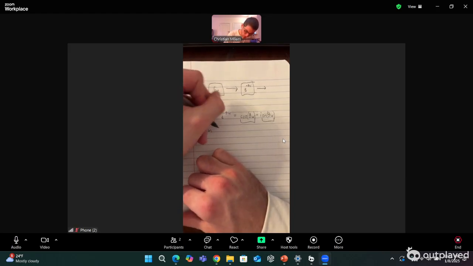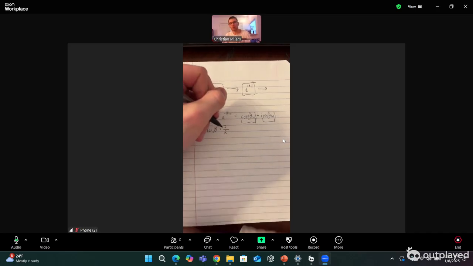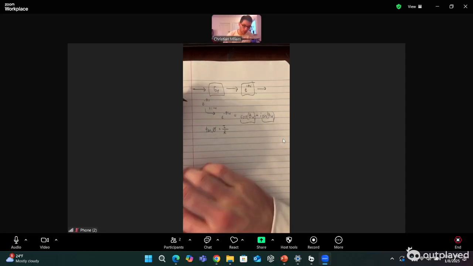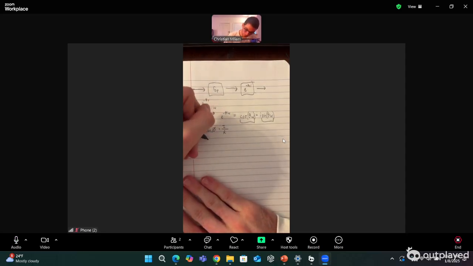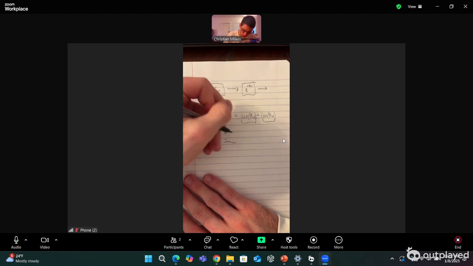So again, the formula for phase lag, the tangent of our phase lag equals our imaginary part over our real part. So the tan of the phase lag equals negative sine theta omega over cosine theta omega.